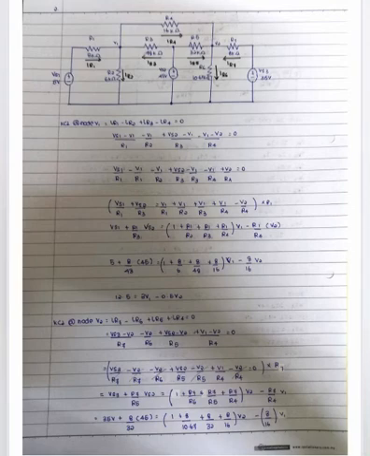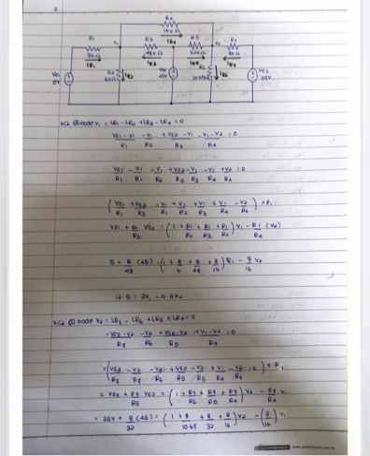Write the KCL equation first. So the equation is current resistance 1 plus current resistance 3 minus current resistance 2 minus current resistance 4 equal to 0. Then convert this KCL equation to a node voltage equation that combines Ohm's law and node voltage.